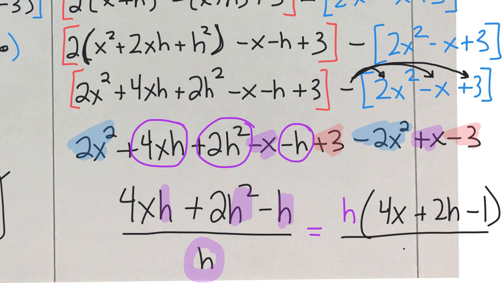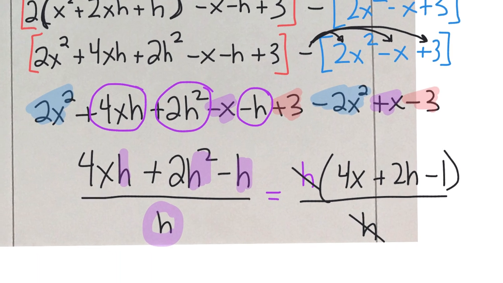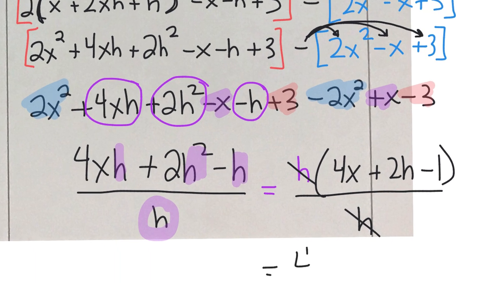When I factor h out of each of these terms, the h is on the outside and the rest of your stuff is inside. So 4x, 2h, not 2h squared, but 2h, and then minus 1. Because traditionally, the h's should cancel out just like they do right there. Okay, that will almost always happen.